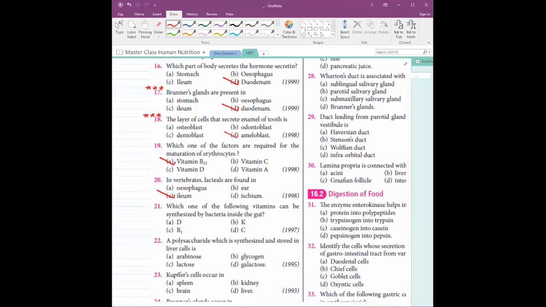Okay, chalo. Next one, guys. So next question goes to Swaroop. Okay, let's see. So next question goes to Aditi. Aditi, which one of the following vitamins can be synthesized by the bacteria inside the gut? Very, very important.